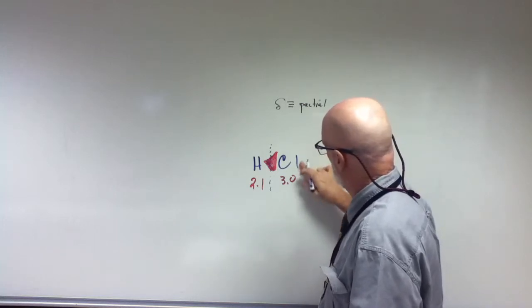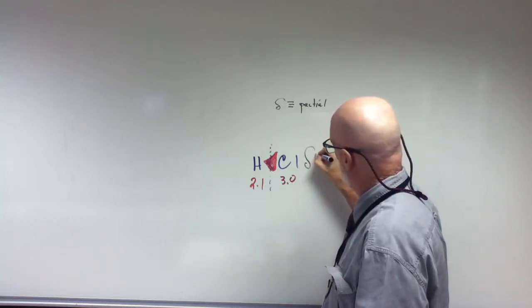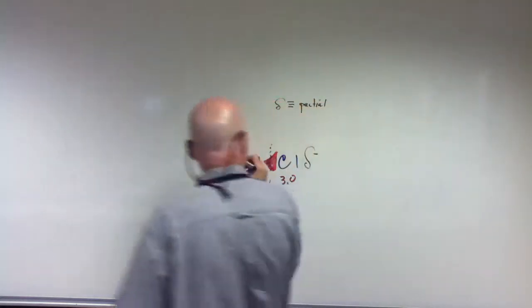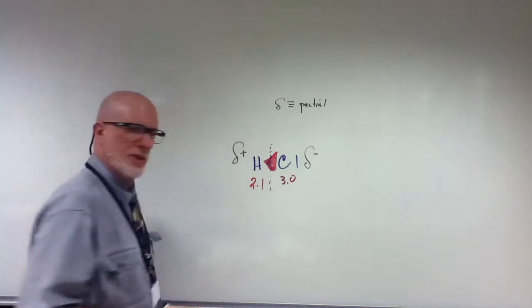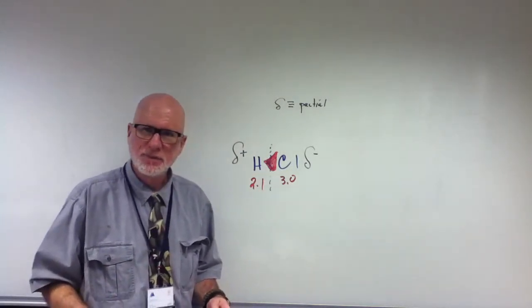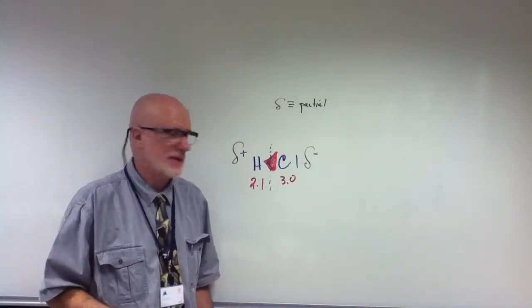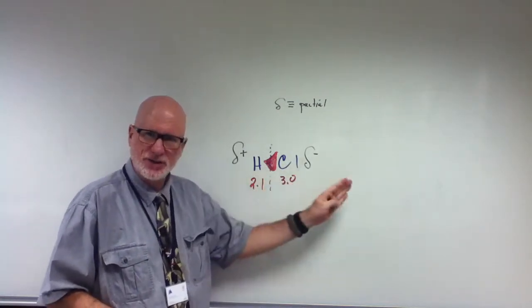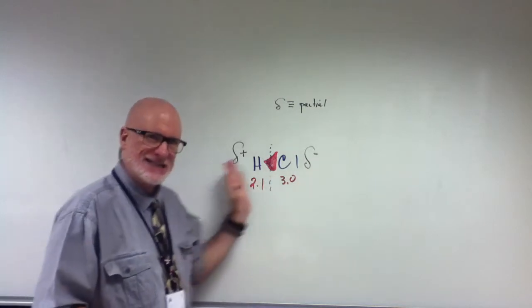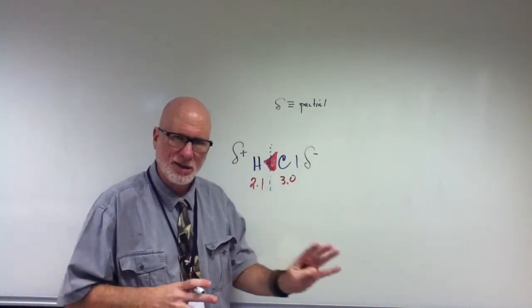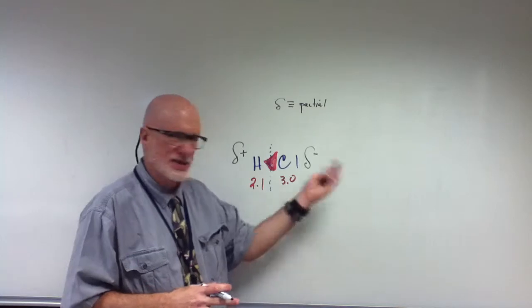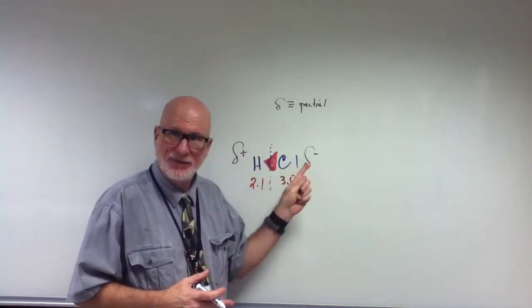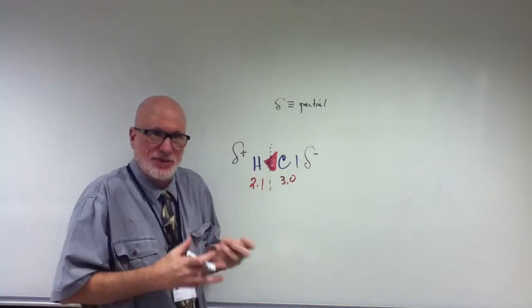This side is a partial negative, and this side is a partial positive. Does that make sense? It does. So because you have this shift in charge, that side has a little bit more negative than this side. Well, if it's going to take negative, it's going to leave a little excess positive. Do you see that?